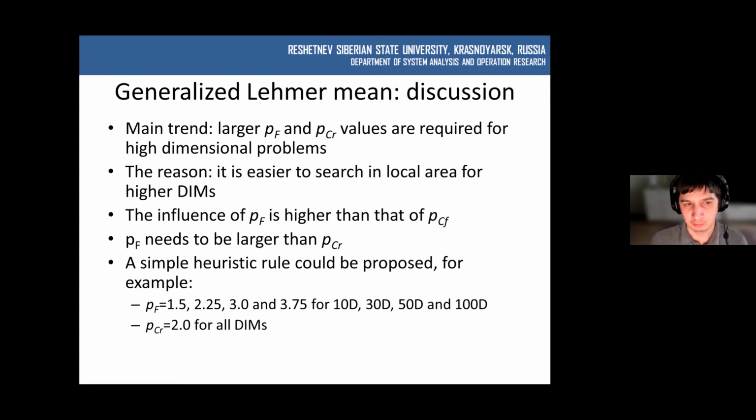So what is the meaning of this? Perhaps the reason is that these larger parameters of the biased Lehmer mean allow us to sample larger F values.